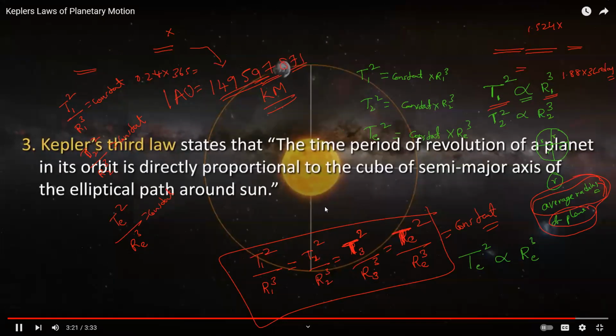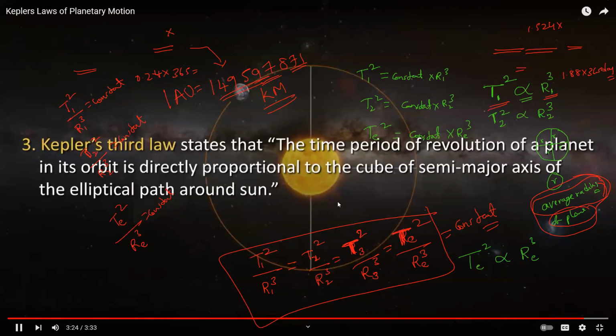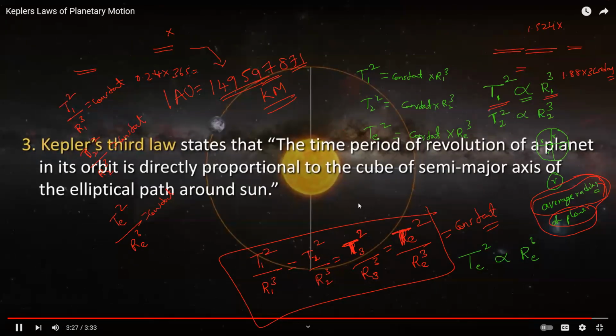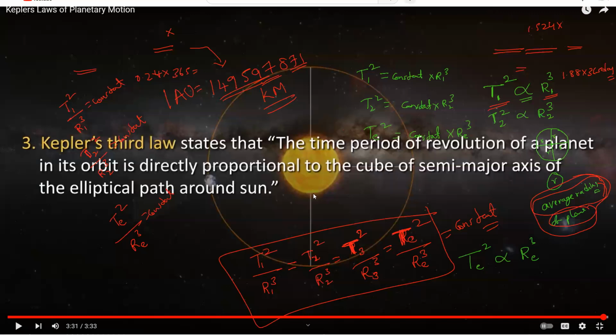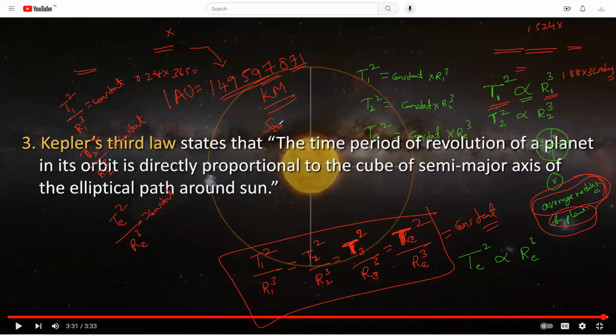Kepler's third law states that the time period of revolution of a planet in its orbit is directly proportional to the cube of the semi-major axis of the elliptical path around the Sun. That is only Kepler's third law. Okay, right. Here the word square is missing. Kepler's third law states that the square of the time period of revolution of a planet in its orbit is directly proportional to the cube of the semi-major axis of the elliptical path around the Sun.